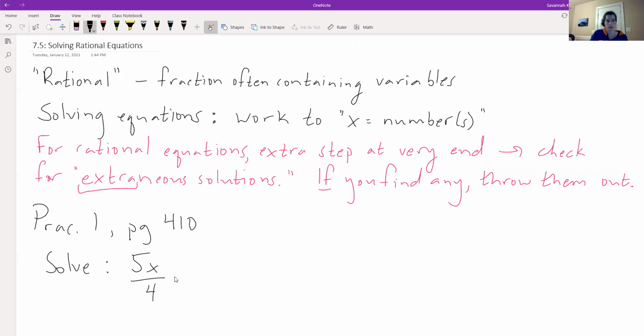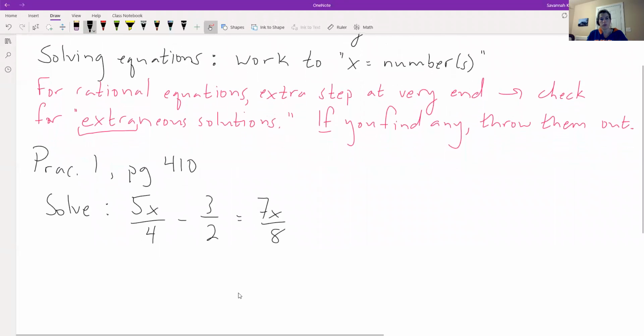So there's a rational expression. Remember, this is also a rational expression, 3/2. And there is another rational expression. And we want to solve this down until we have x equals 11.